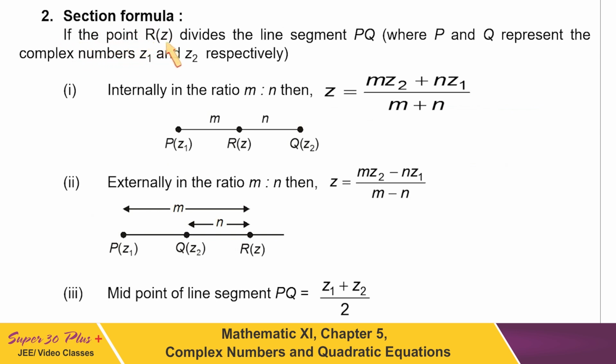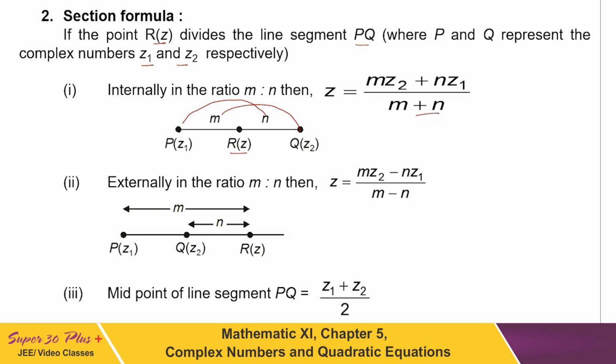If point R divides the line segment PQ, where P and Q represent the complex numbers Z1 and Z2 respectively, and point R is represented by Z, then the coordinate of R, means Z, can be obtained by the internal division formula, and it is equal to (mZ2 + nZ1) upon (m + n).